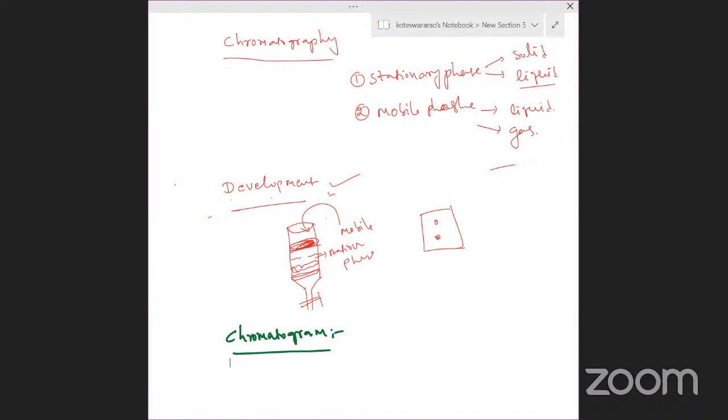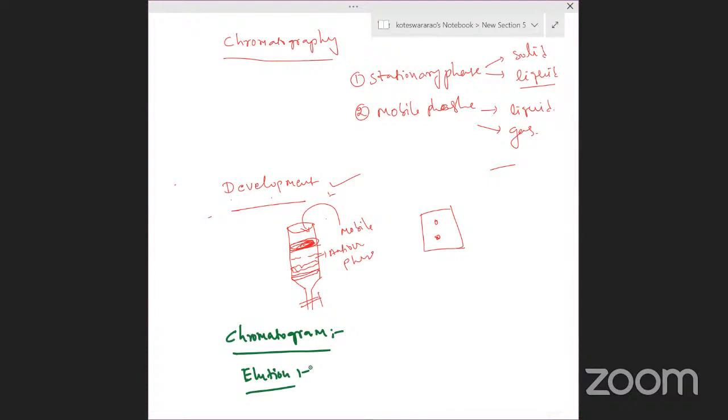Next term is elution. These are all important terms we need to know to understand all chromatographic method procedures. Elution means passing the mobile phase through the stationary phase and getting it to exit from the chromatography equipment or column.